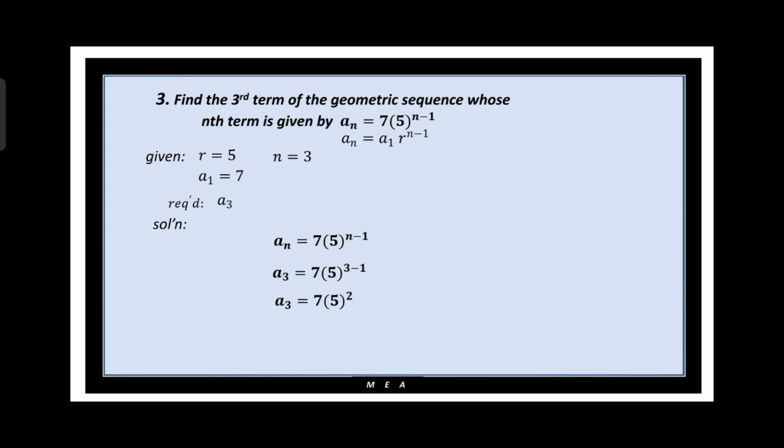So, a sub 3 is equal to 7 times 5 raised to 2. 5 squared is the same as 5 times 5 or 25. So, a sub 3 now will be equal to 7 times 25. Finally, we have the third term, or a sub 3, equals 175.